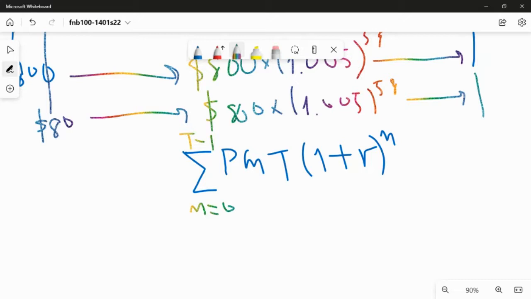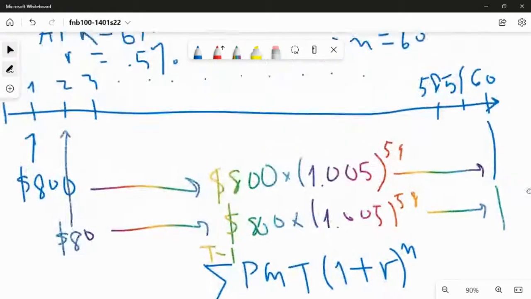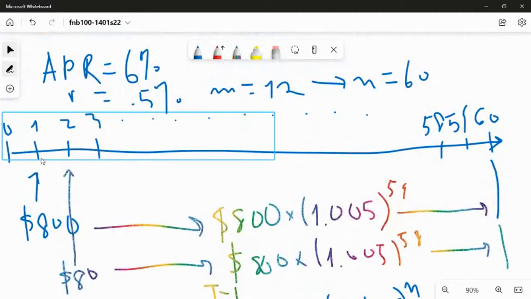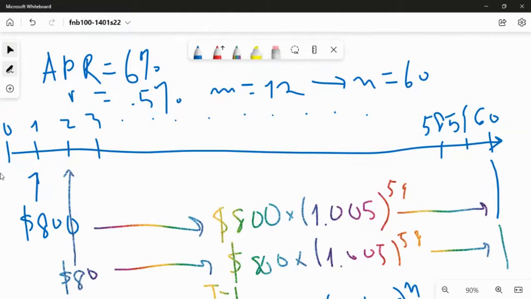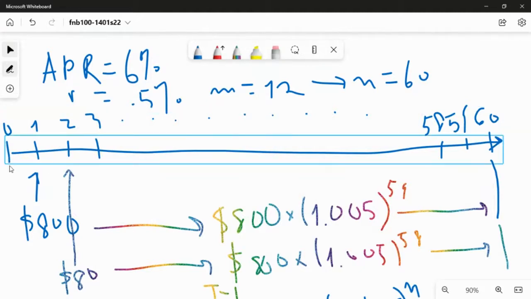Terminal month is 60, month 60. That minus 1. Why? Because, of course, we don't raise it to 60. We raise it to only 59 because the deposit started from the end of the first month, right? So from here to here, it's 59, not 60. If we started from here, it's going to be 60.